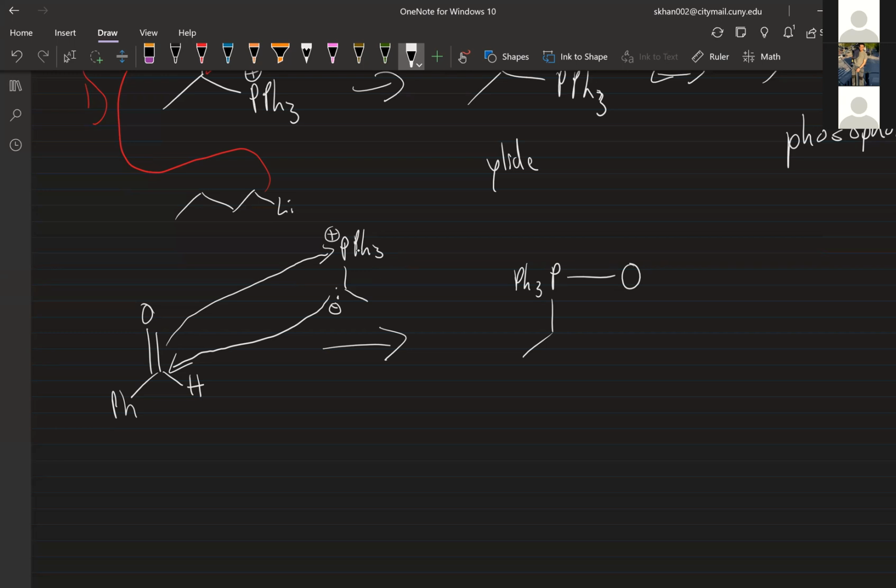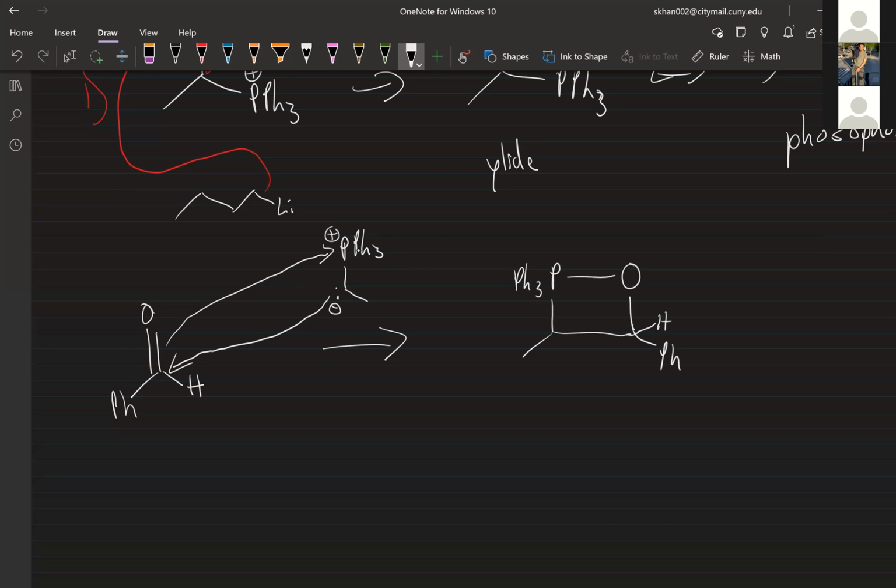Here, it's gonna be carbon, carbon, right? And then one of these is just Ph technically. And there is also the H that's off there.